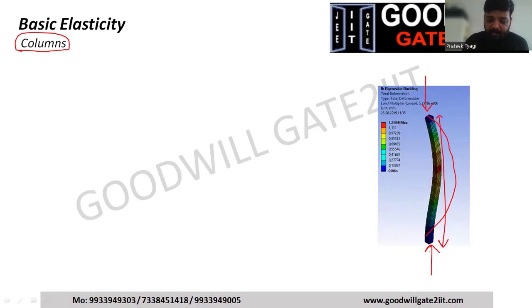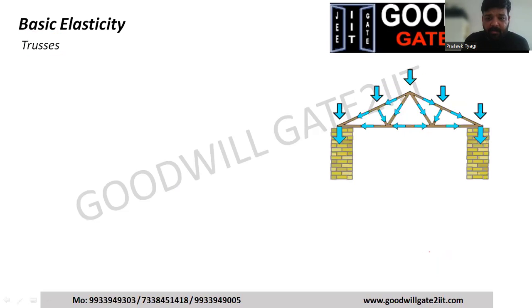All right. Then you have trusses also in aircraft applications. So trusses you must have seen in bridges, correct? You have seen the overhang bridges, you have seen the railway bridges, and you have seen all these kind of structures. If you see, this is nothing but your truss frame, which you can see here.